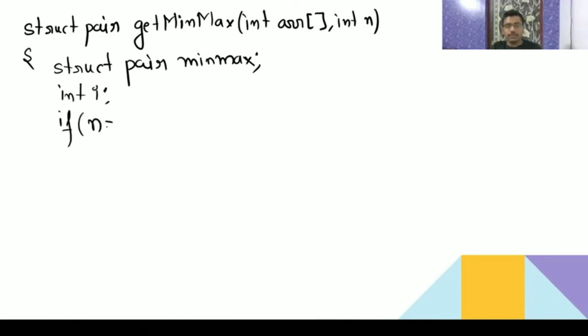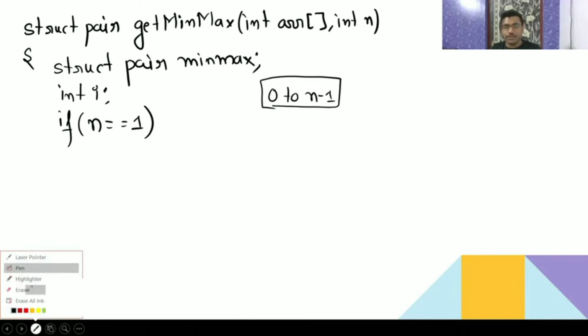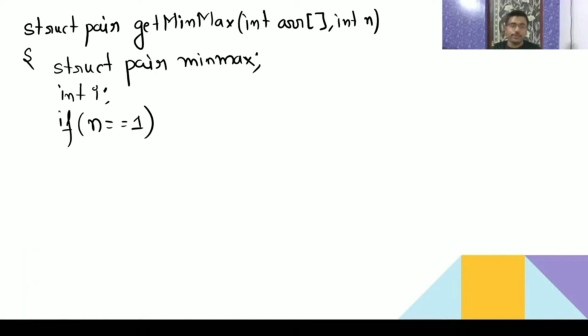Now check if n equal to 1. Since the array has n elements from 0 to n minus 1, I will check whether I am having only one element.